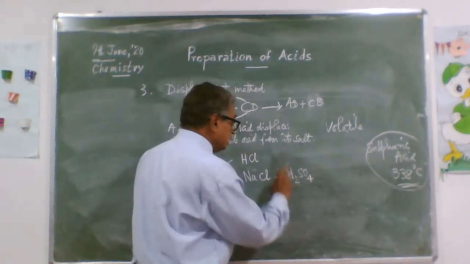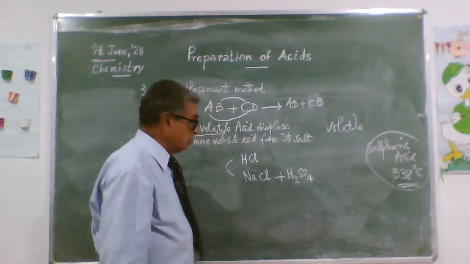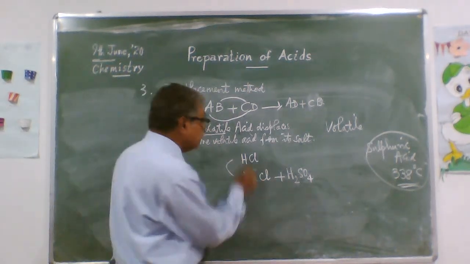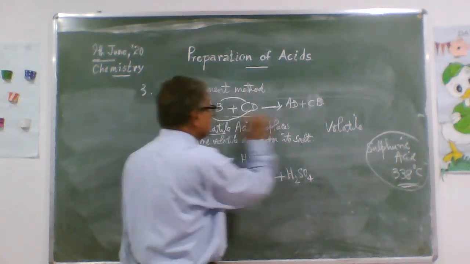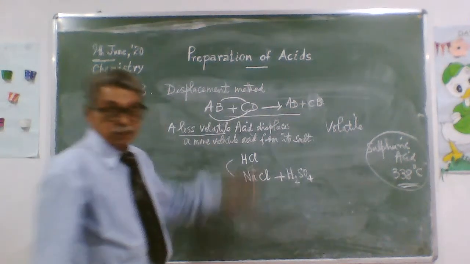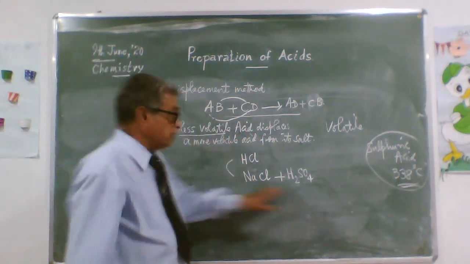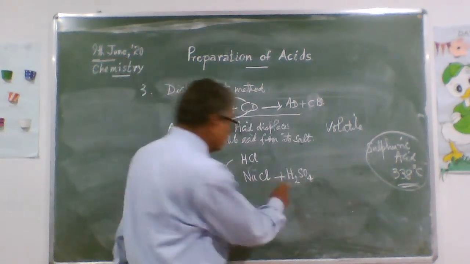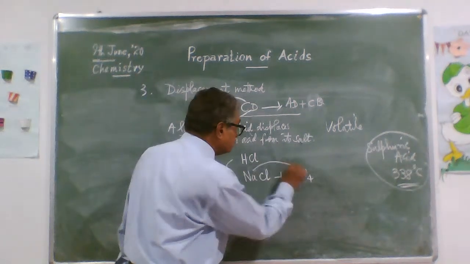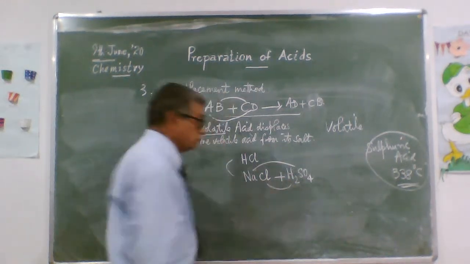H2SO4 is added to sodium chloride, heated. What will happen? This displacement will take place here. Actually, the reaction is not called displacement reaction. It is called double decomposition reaction. But there is a displacement of the acid, so it stays. Now, sodium chloride, this sodium combines with this salt radical, and hydrogen combines with this one.